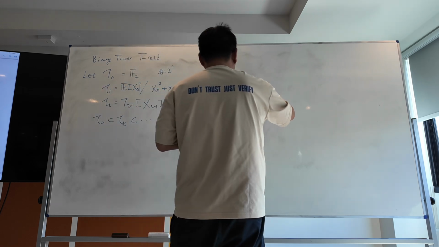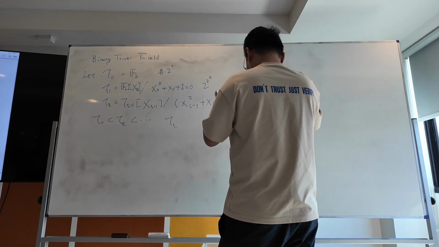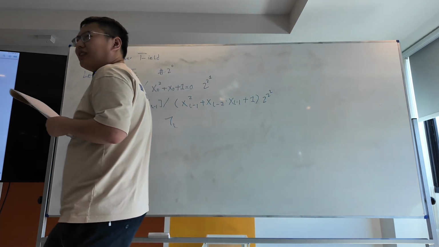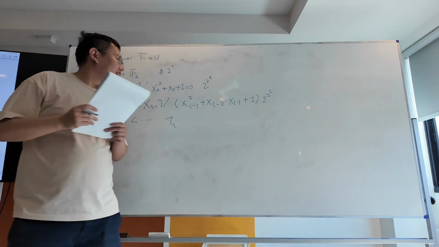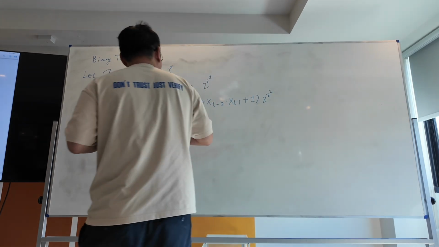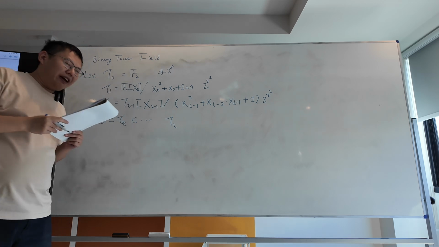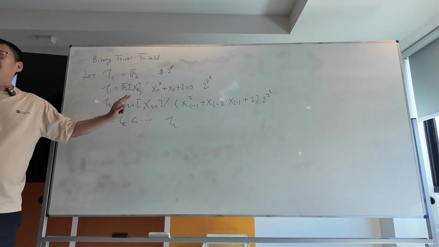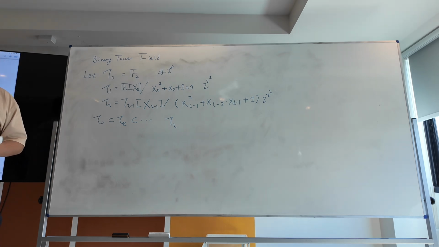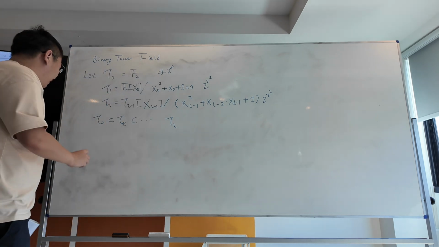And this will be 2 to the 2 to the iota. If we want to represent these on computers, let's count the digits.